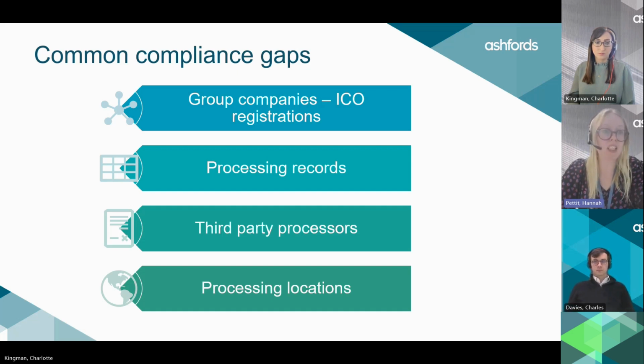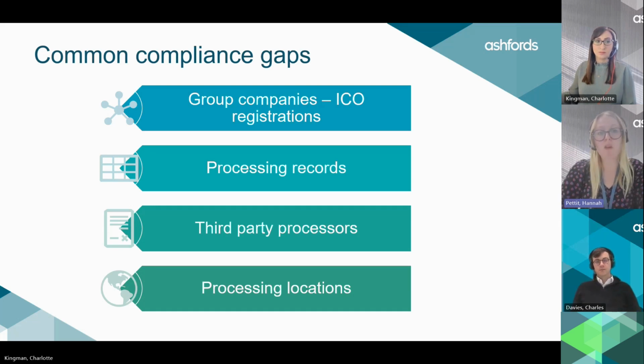And it may well be that some of those group companies are non-trading or they may not process any personal data. So it's fine to have concluded that they don't need to register, or they may well process personal data and still be exempt from registering, but you need to have done that assessment for every single entity within your group, and then be able to justify why you consider that any entities that haven't registered don't need to.